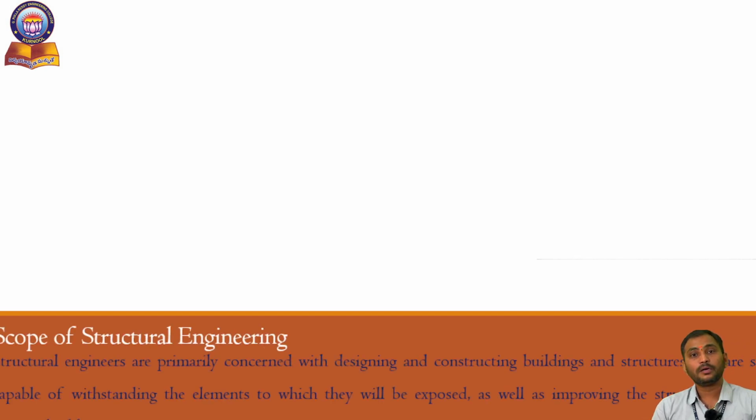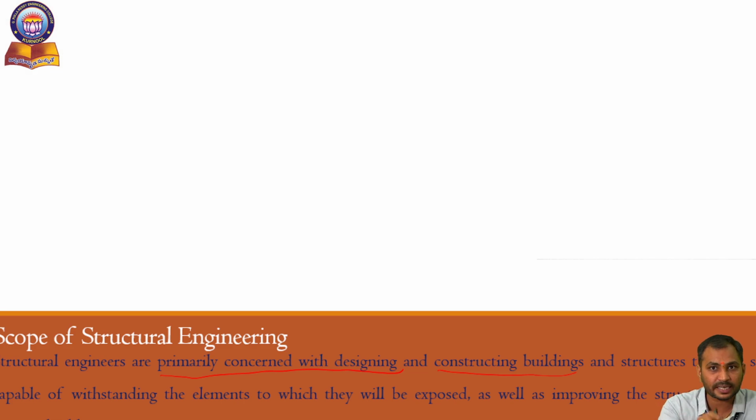Right. Now we will come to the scopes of each discipline. First, the scope of structural engineering. What is the scope of structural engineering? The structural engineer is involved in the designing part, constructing the buildings, and planning of buildings, checking whether the structure will be safe or not.